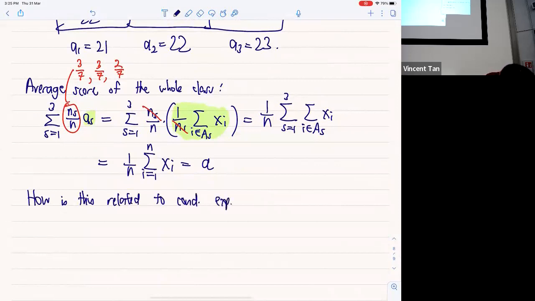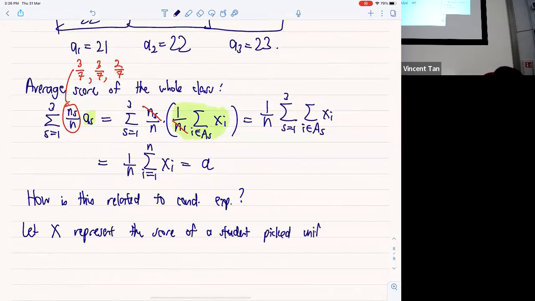Conditional expectation. All right, so let X represent the quiz score of a student picked uniformly at random from the whole class.